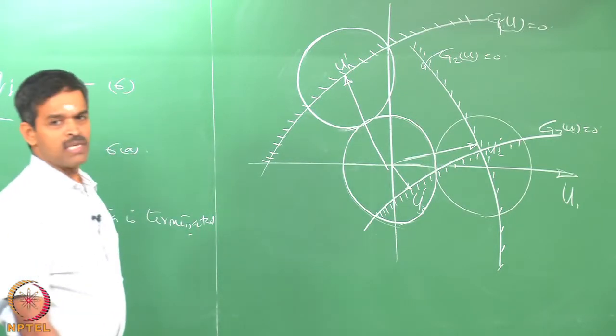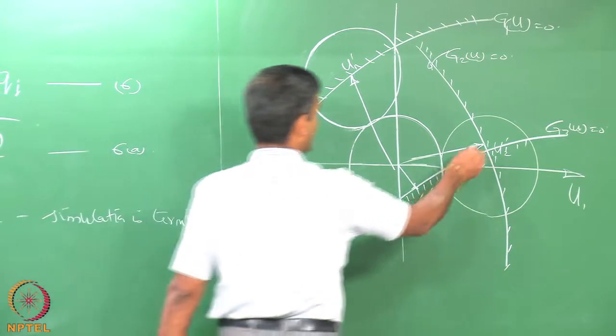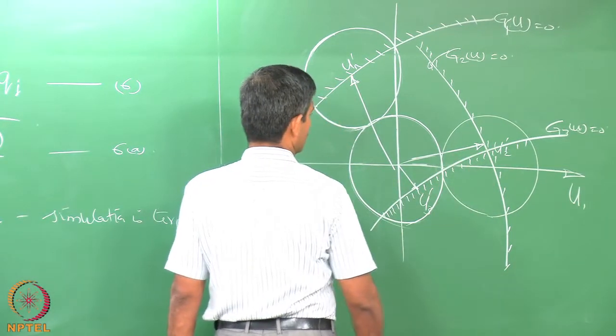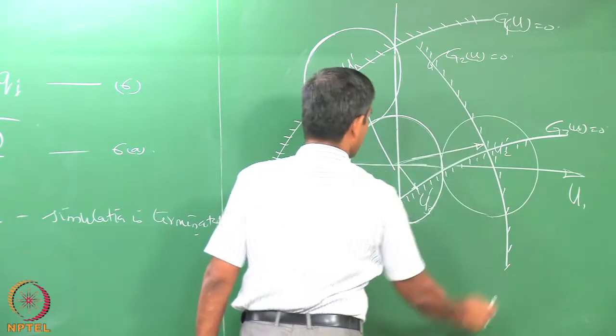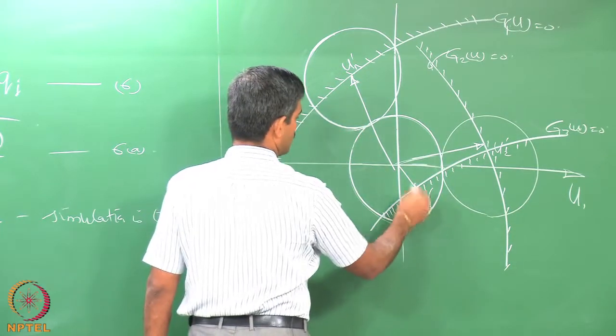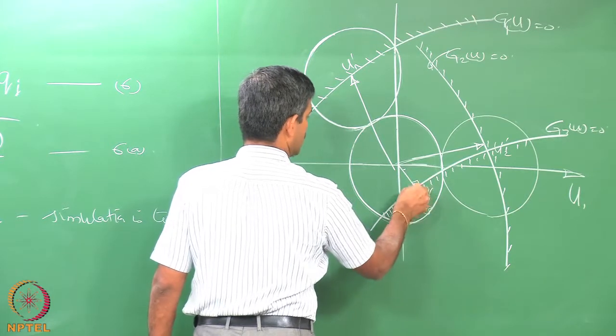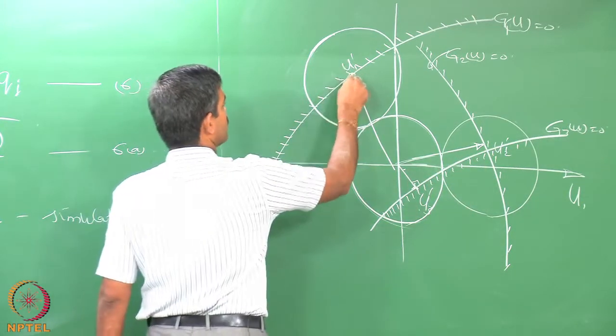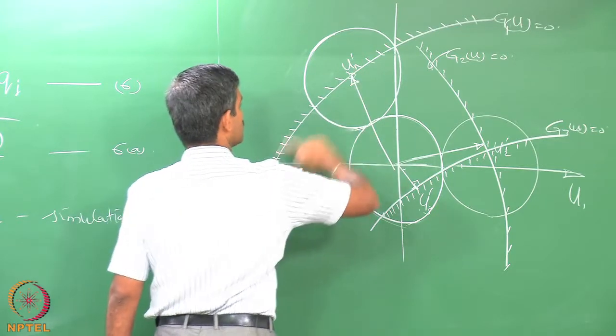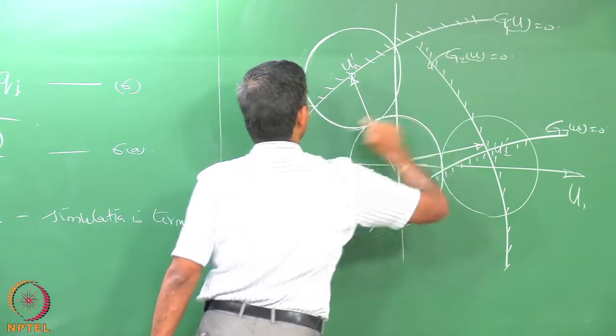So, I have got multiple design points now, U2 prime which is normal at this point to this failure envelope, U3 prime which is normal at this design point to this failure envelope, and U1 prime which is normal to this failure envelope which is G1 U0 at U1 prime.